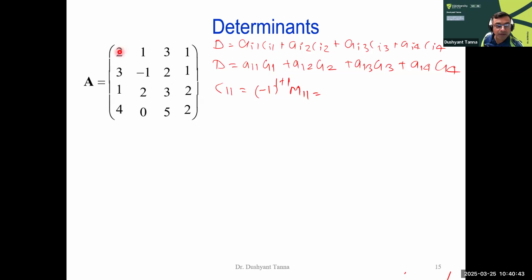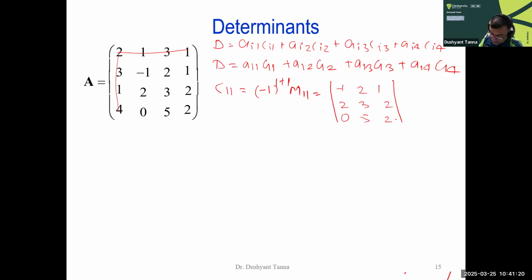You remove the row and column containing A11, so that will be this 3 by 3 determinant. Remember, the minor will be one degree lesser than the actual one. Eliminate this: -1, 2, 1, 2, 3, 2, 0, 5, 2.